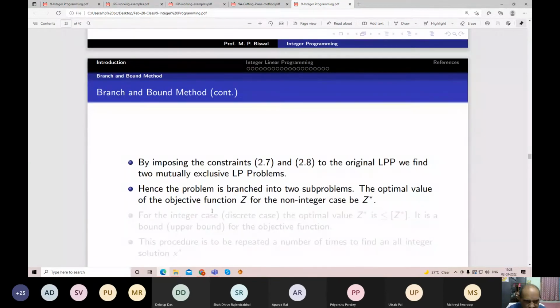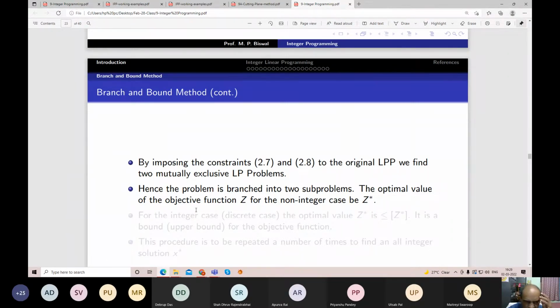Hence, the problem is branched into two subproblems. We are considering a problem, either maximization type or minimization type. For a particular problem, the optimal value of the objective function we are naming Z star.